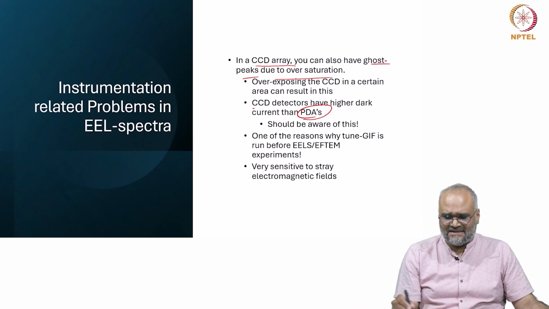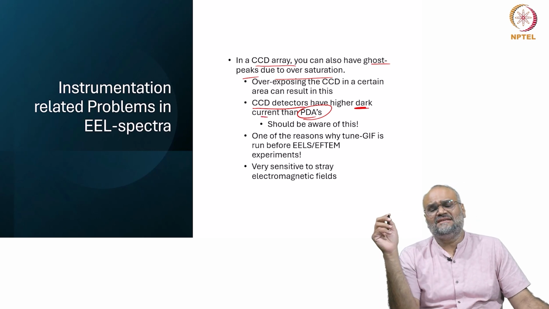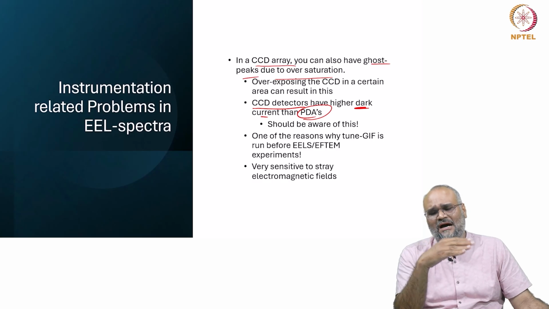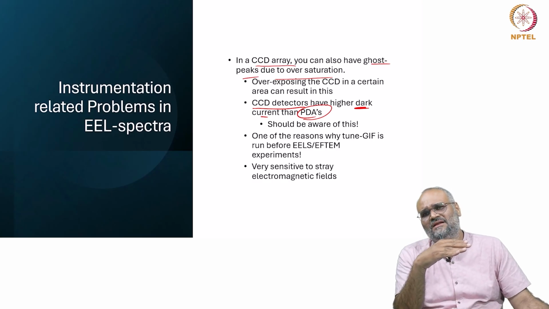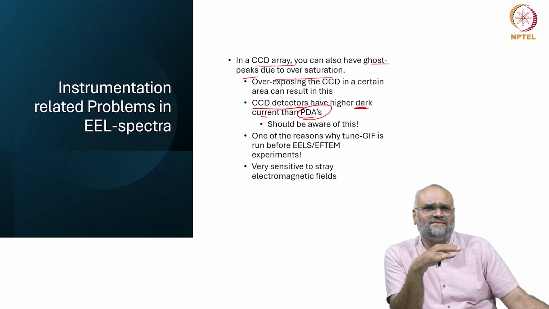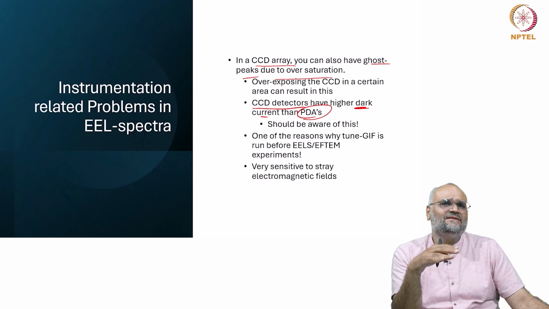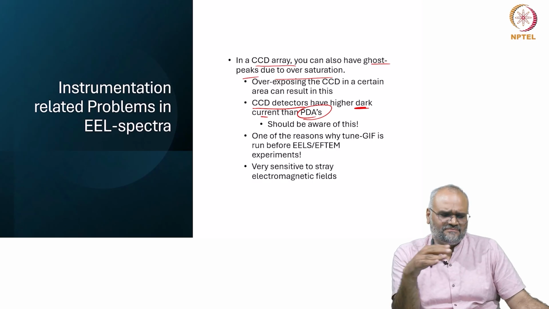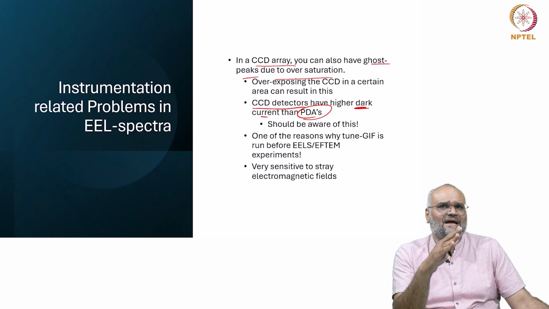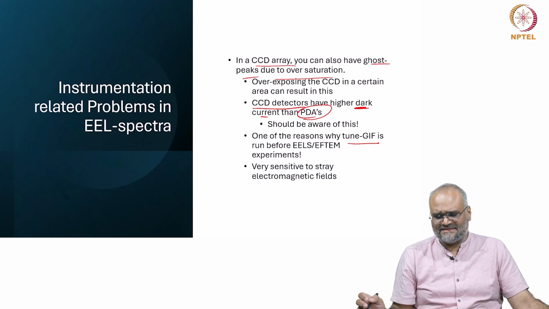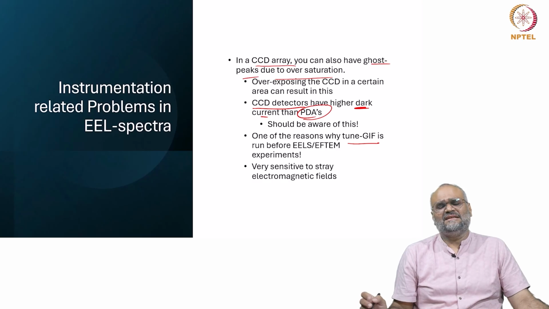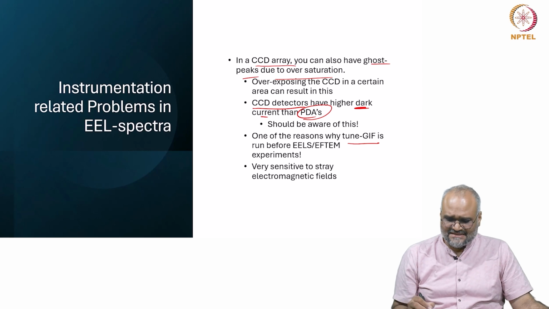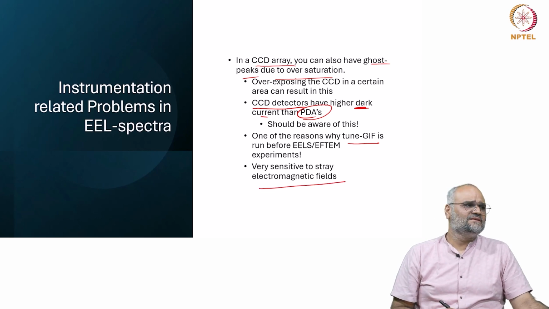You have a larger dark current with the CCD detectors. So depending on how good your EELS spectrometer is, it doesn't harm to correct and normalize the intensities after every session or at least once a day, and to tune the energy filter system. It is important before you run every EELS measurement, and it is extremely sensitive to stray electromagnetic fields.